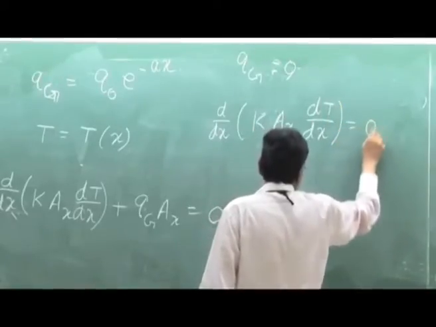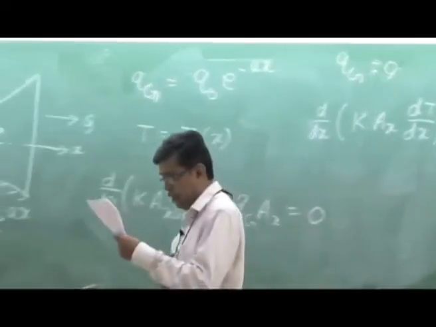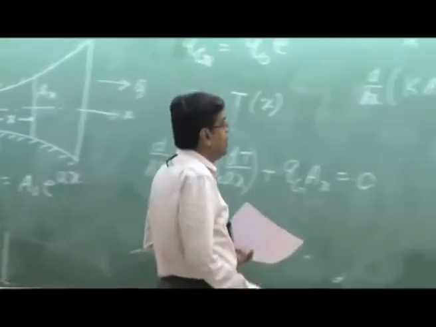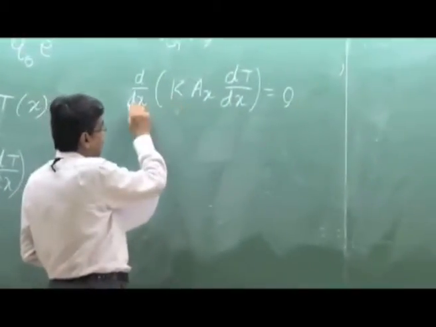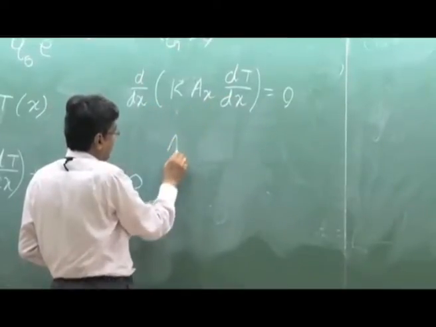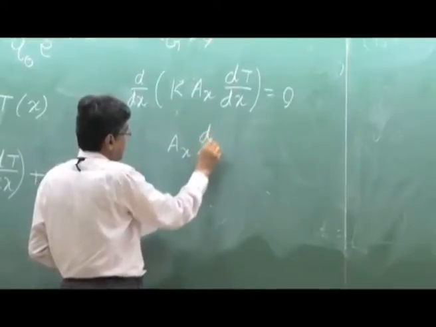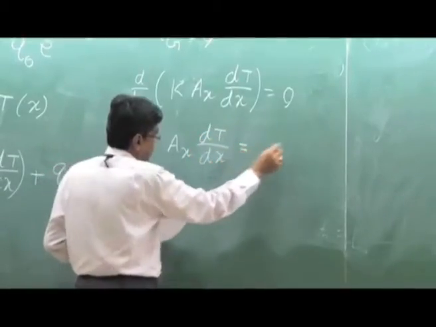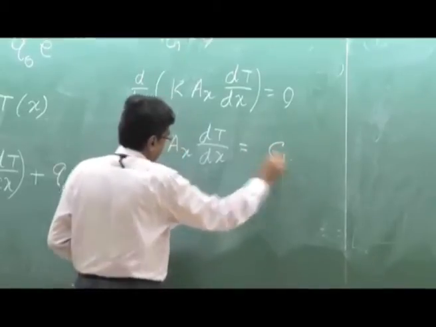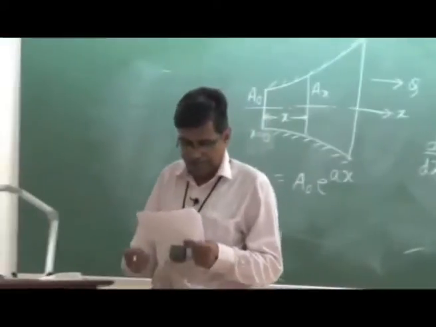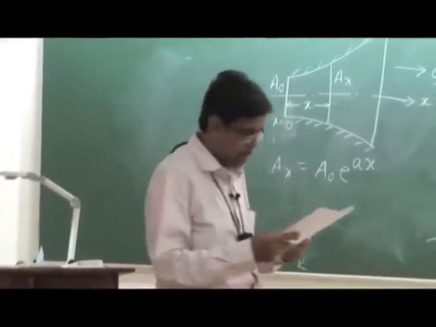Now in this problem it has been told that the thermal conductivity is constant. That means simply k comes out, that means d/dx of A(x) dT/dx is 0, that means A(x) dT/dx, first integration yields a constant which I call C1.